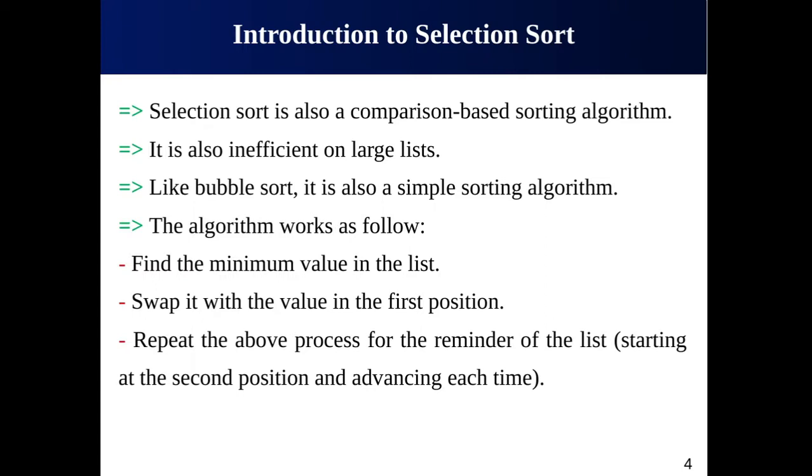And in the running time of algorithms, I shared with you that algorithms whose running time is n square grow very rapidly with the size of the input. As it depends on the size of the input, if we provide a large input size, then the running time is going to increase very rapidly. So that is why it is inefficient on large lists.